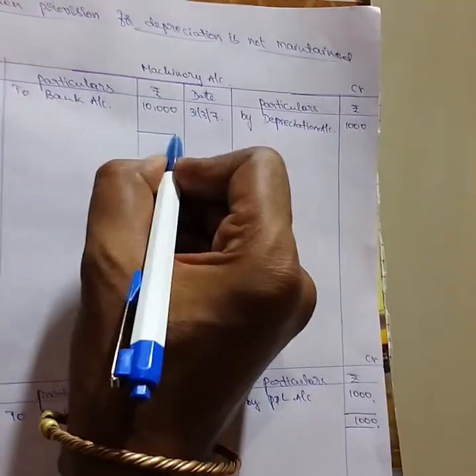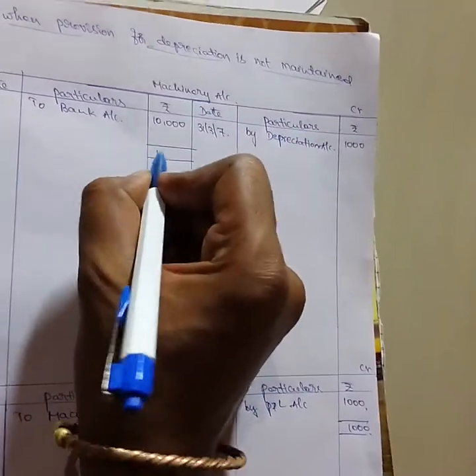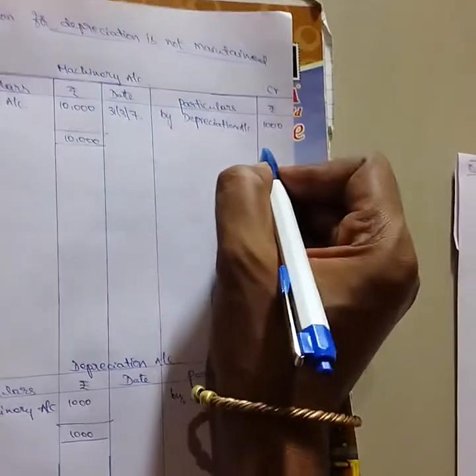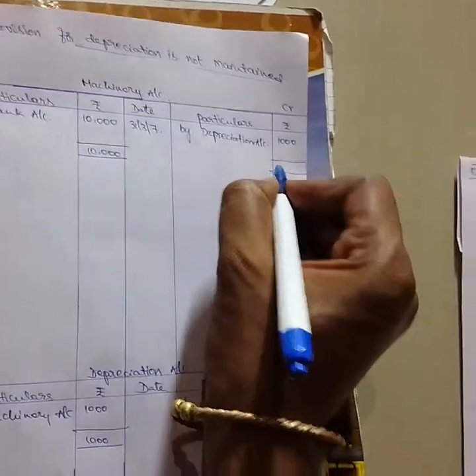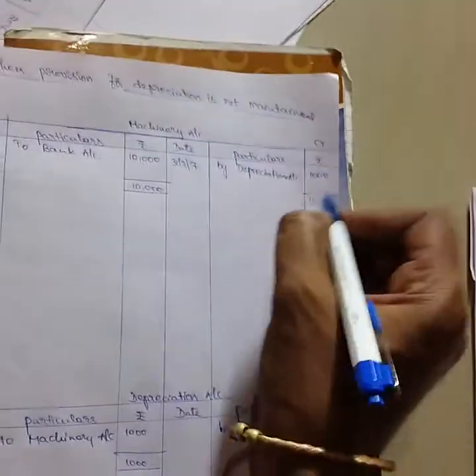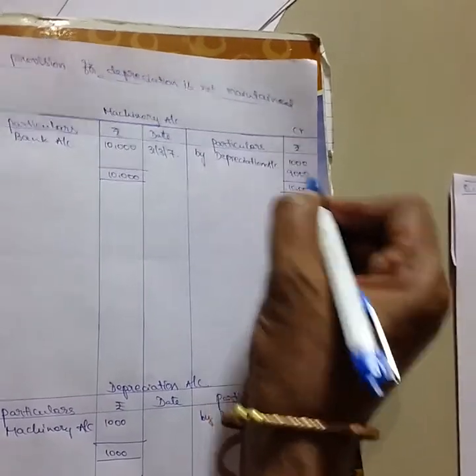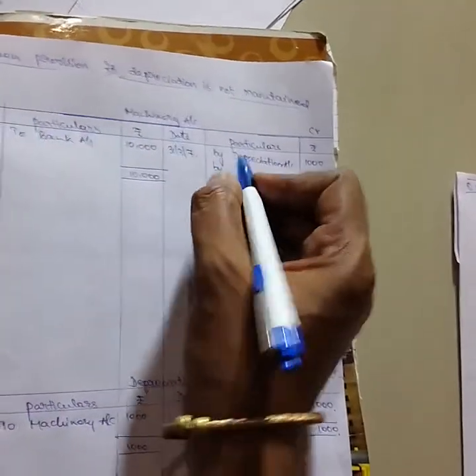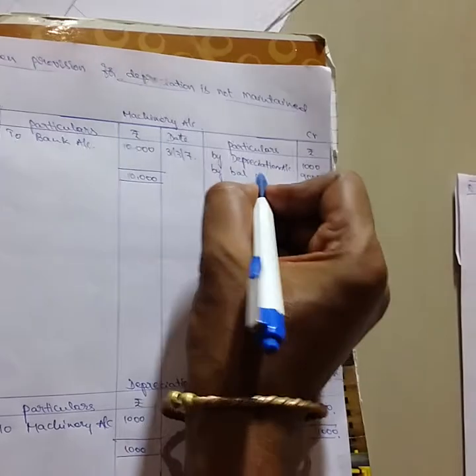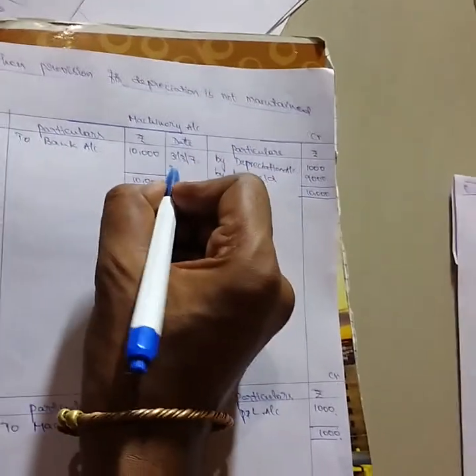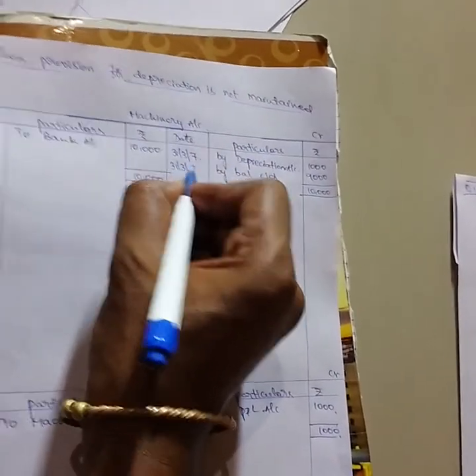In the machinery account, on the debit side you have 10,000, so the debit side is more, 10,000. The same balance on the credit side, 10,000. 10,000 minus 1,000 is 9,000. This is the first year closing balance, by balance carried down on 31/3/2007.